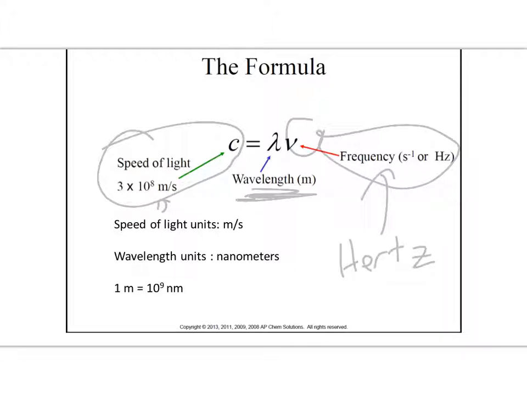The wavelength units for much of the light we're going to work with are nanometers, so it's important to remember that 1 meter is 10 to the 9th nanometers. We need to do some converting with our wavelength before we can use it in this formula, because our speed of light is 3 times 10 to the 8th meters per second.